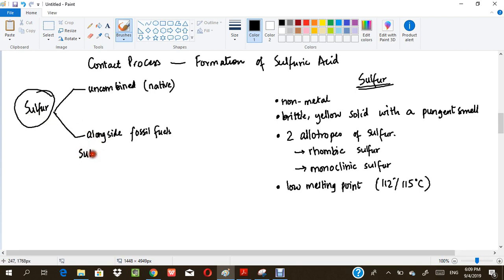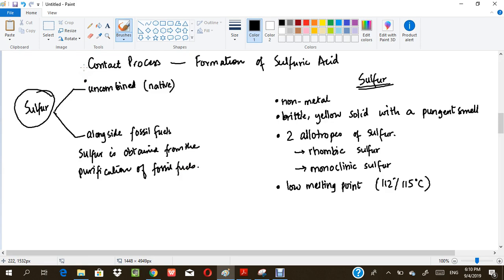So sulfur is obtained from the purification of fossil fuels. The other technique, of course, is that it's present uncombined in the Earth's surface. Geologists survey the land and see that this place contains a nice amount of sulfur.